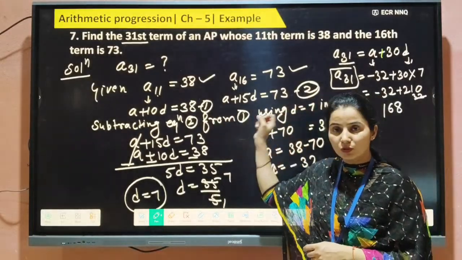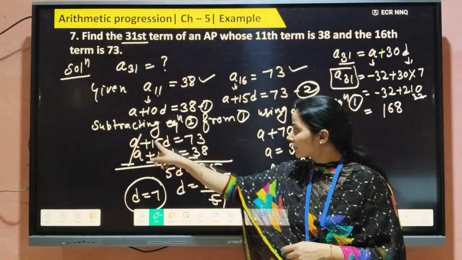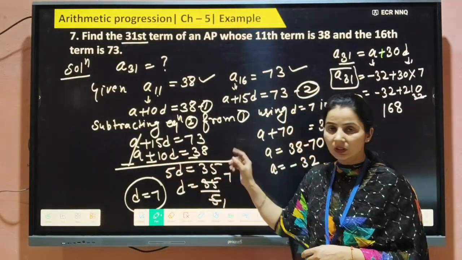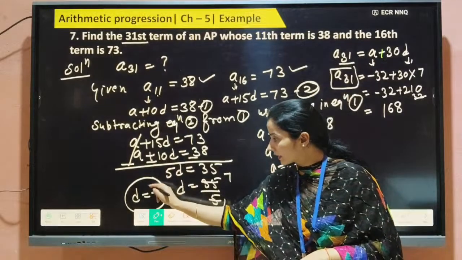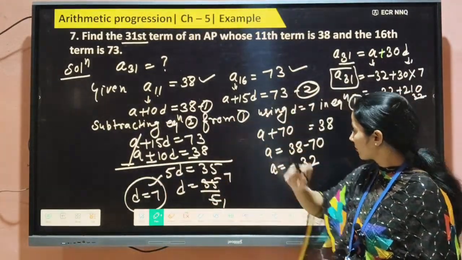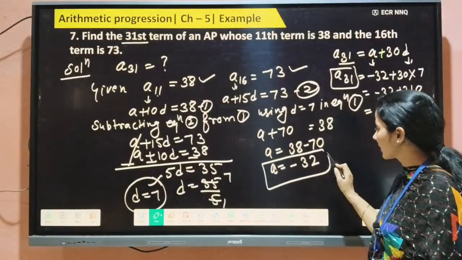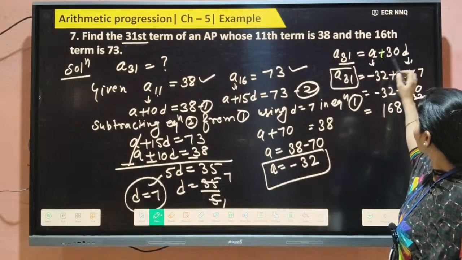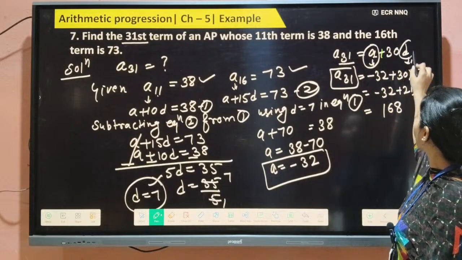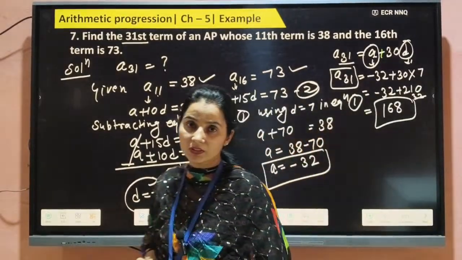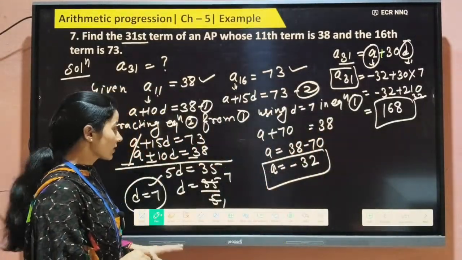Subtracting 1 from 2, you will get D equals 7. Using D equals 7 in equation number 1, you will get A equals minus 32. The A31 term is A plus 30D, so you will use the A value and D value, and after calculation you will get the 31st term of this AP. So question number 7 is completed.